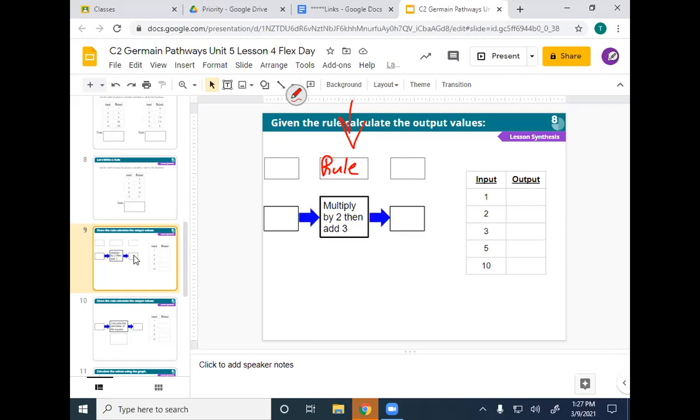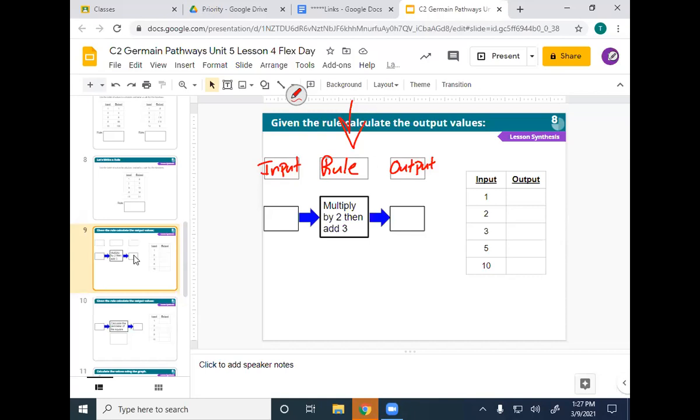Our input. Very good. Another word or phrase for input is our what? Given number. Very good. Our given information. And the right side, which you get out of that rule, is called our what, Tiana? And another word for that is our answer or our solution. Very good.